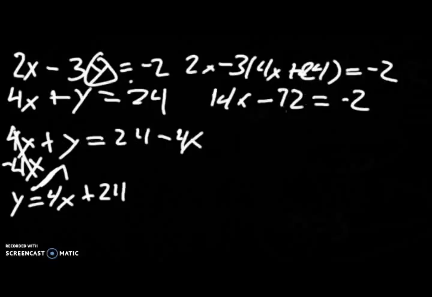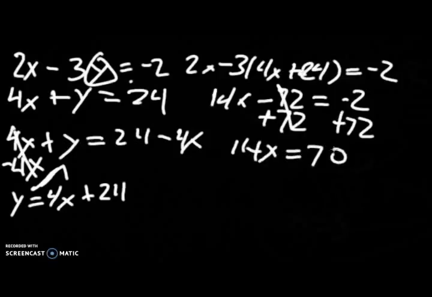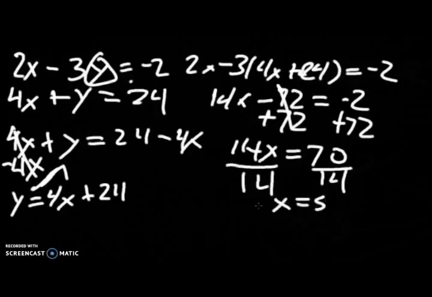In order for us to get rid of the 72 and leave x alone, I'm going to make that positive, cancel itself out, make this positive, and now we're left with 14x equals 70. Now we divide 14 by itself to make x alone, same thing with 70, and we're left with x equals 5.